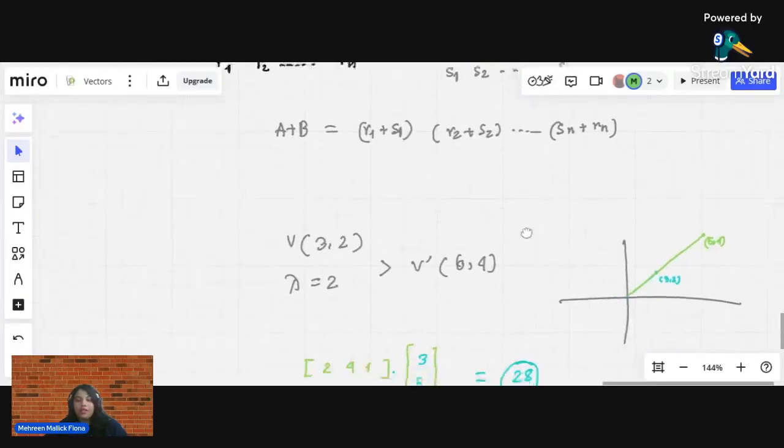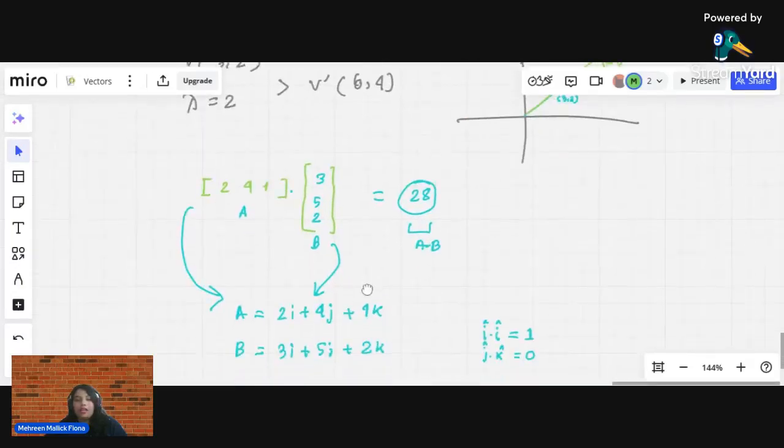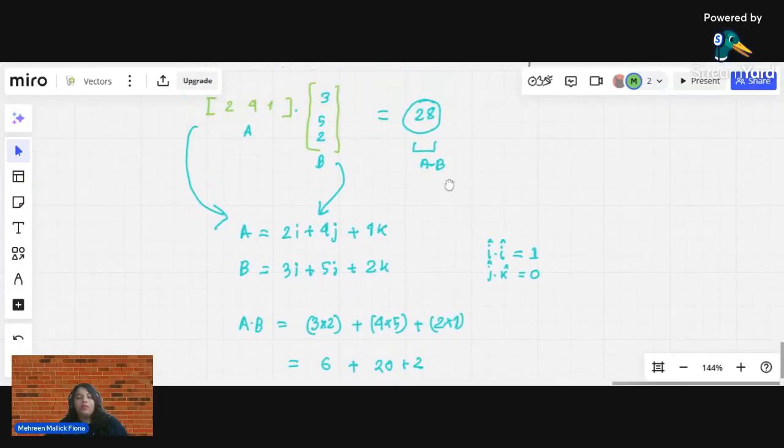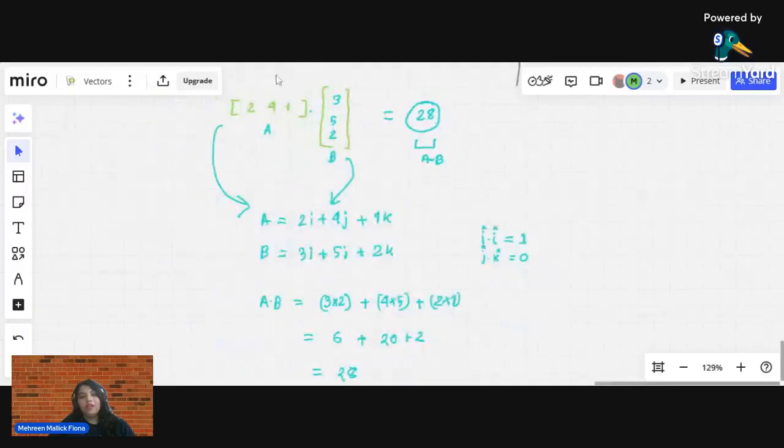Then we know how scalar matrix multiplication can be done, a matrix multiplication of dot product, then the vector multiplication, vector representation, and its dot product. We simply saw how we can get the value of a dot product, or achieve the goal of a dot product in two simple ways.